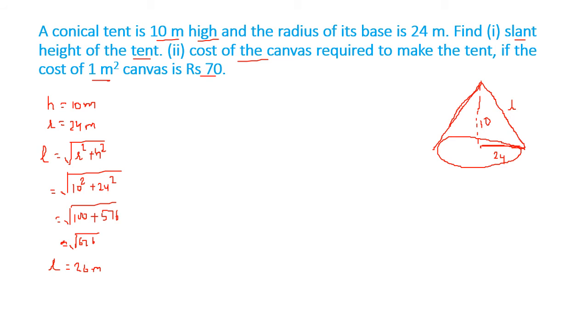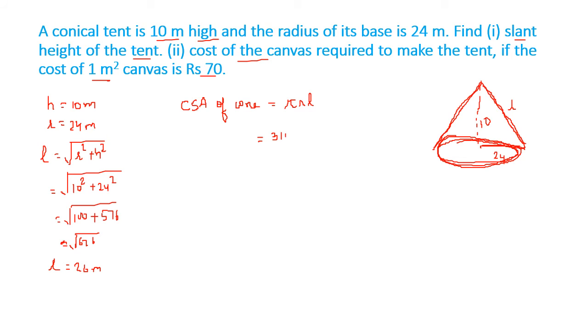Now when we make a conical tent, we do not put anything at the bottom. There is nothing at the bottom here. You have to only find what? The curved surface area. The curved surface area of cone is equal to pi r L. We'll take the pi to be 3.14.